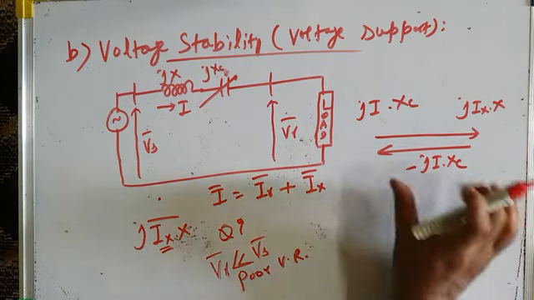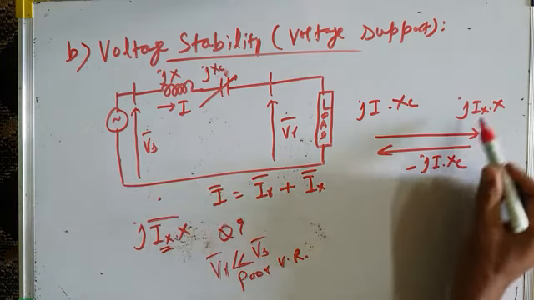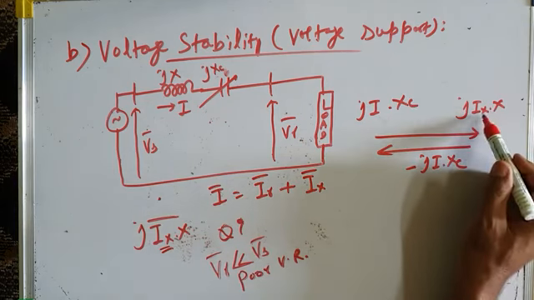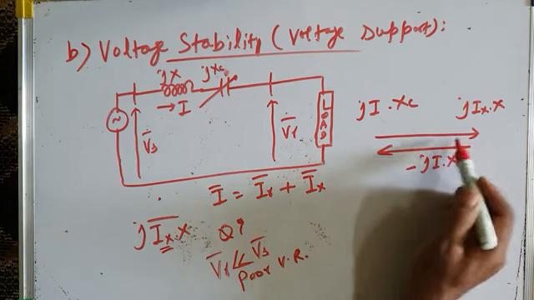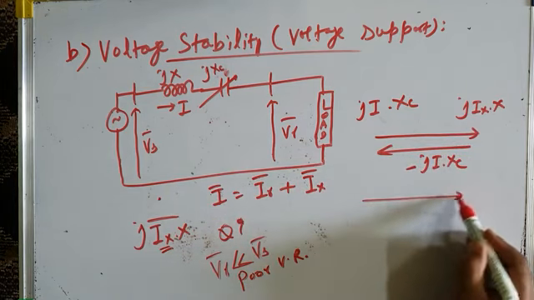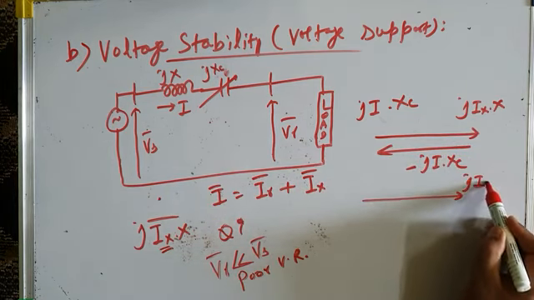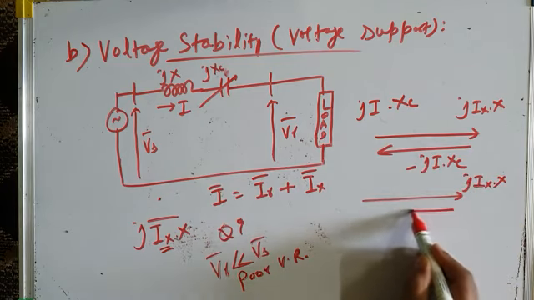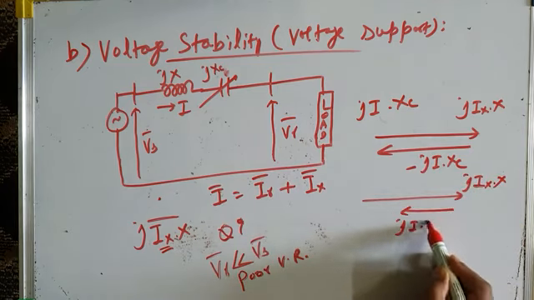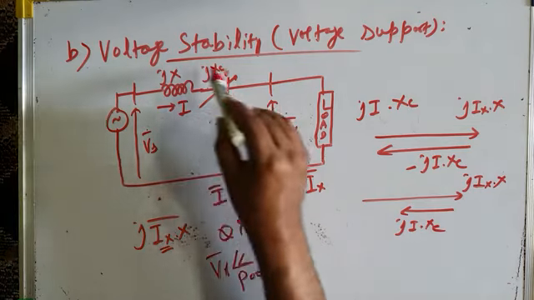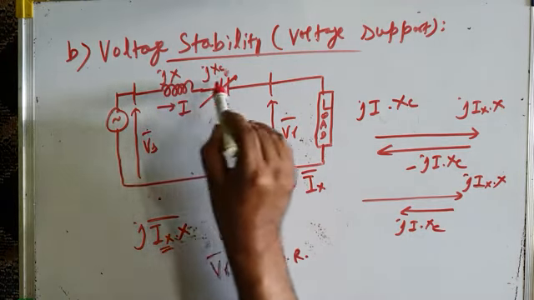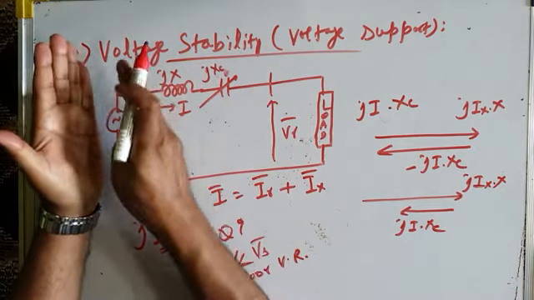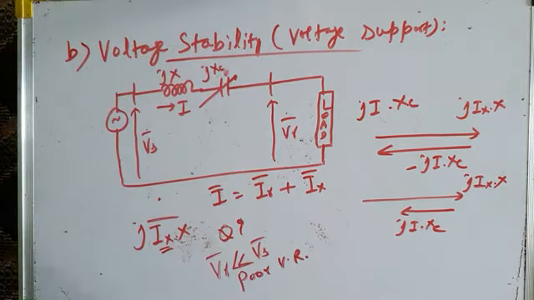Or if you don't make it equal and opposite to the reactive voltage drop, you can still compensate for this voltage drop. That means if this is jIX, the capacitive voltage drop can be jIXC, this much. So the overall voltage drop across the line is nullified, which means the voltage between the two buses increases.